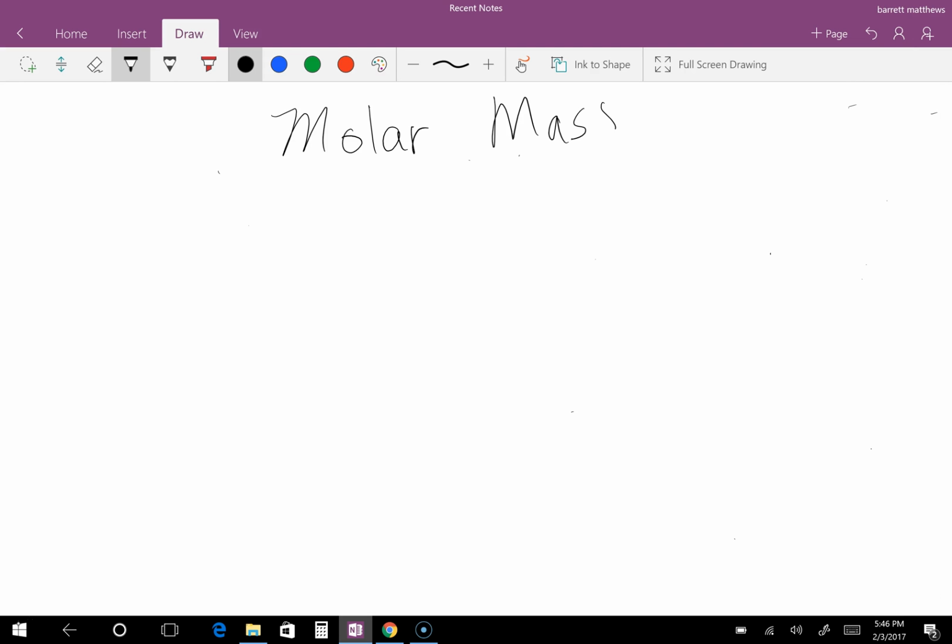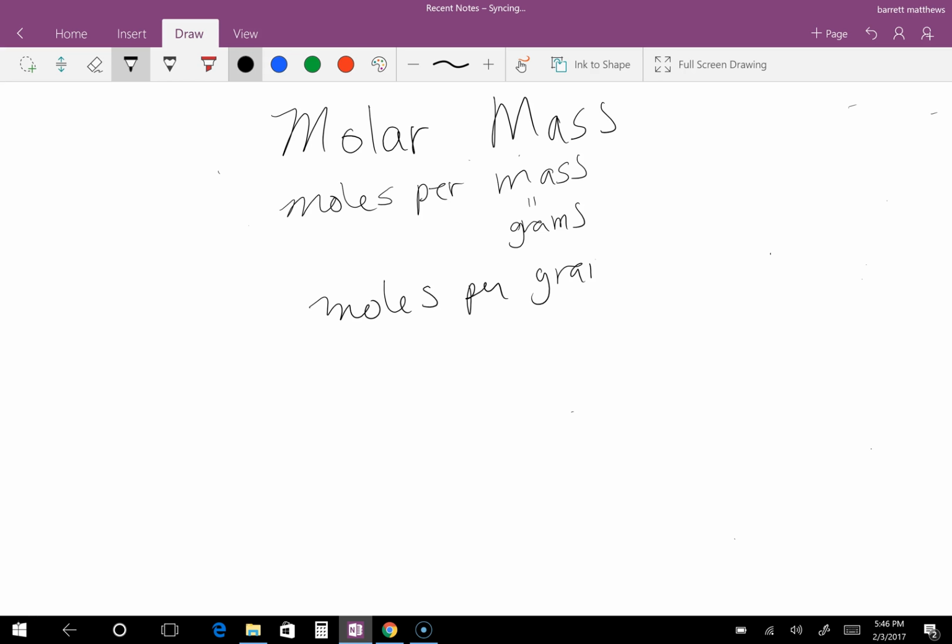Let's take a look at molar mass. Molar mass is 2 words and can be broken down into moles per mass. We know that moles is already a unit, but what unit would we use for mass? Grams. So essentially we are asking for moles per gram.